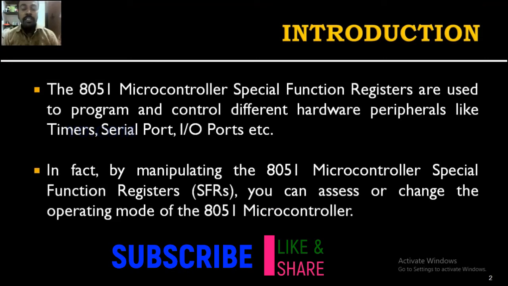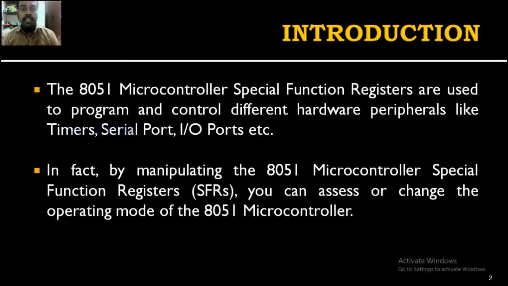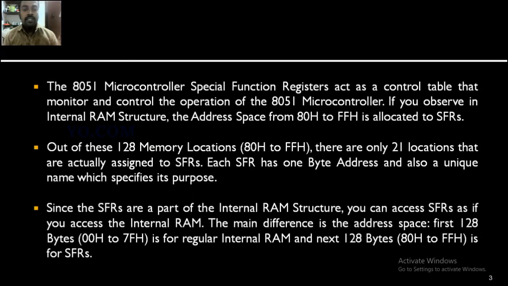A special function register is used to do some operations over the serial port, parallel port, timer, etc. It does some operations, not storing data. The objective of a special function register is to do some special operation, not to store data. So that is a special function register.